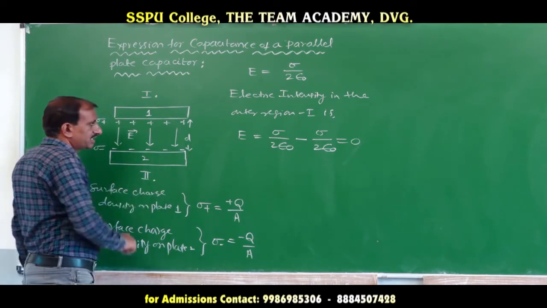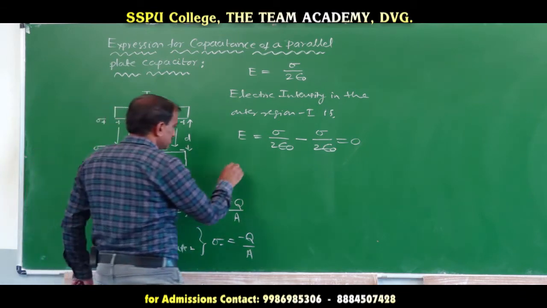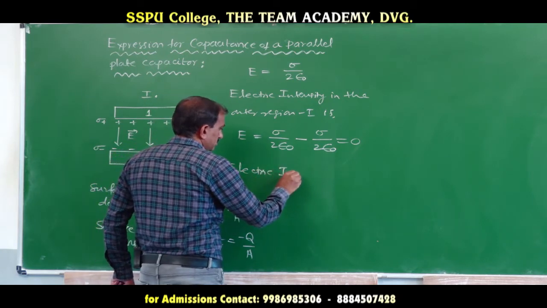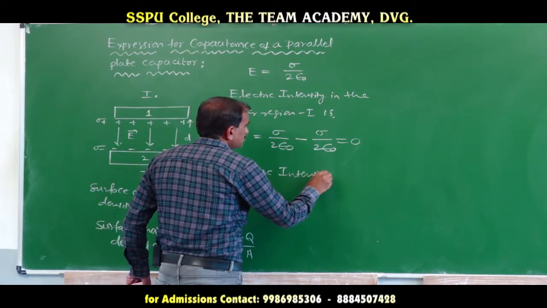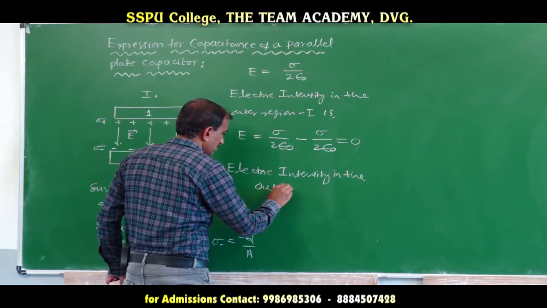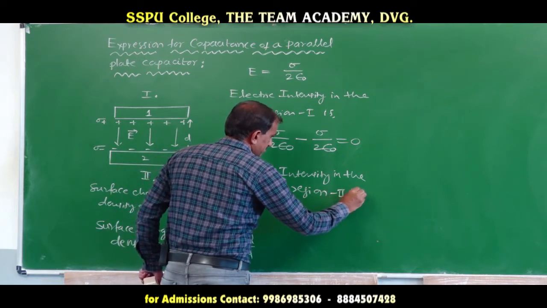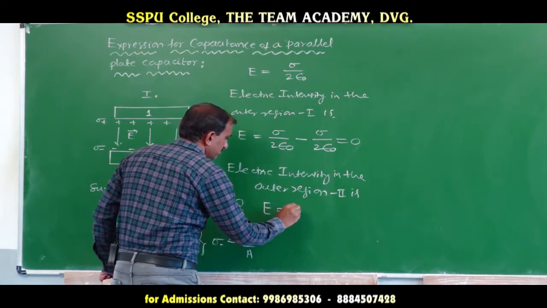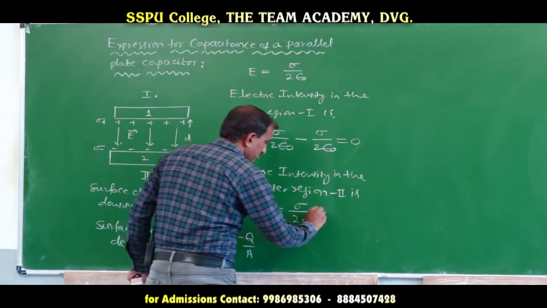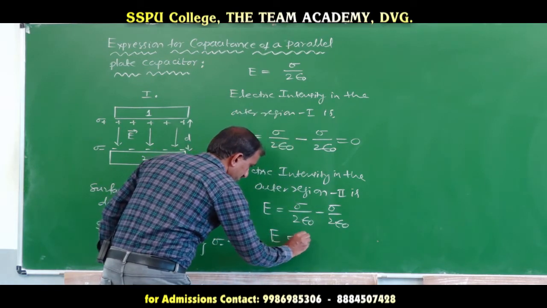Similarly, the net electric intensity in the outer region 2 is also 0. In outer region 2, E is equal to sigma by 2 epsilon naught minus sigma by 2 epsilon naught, so E is equal to 0.